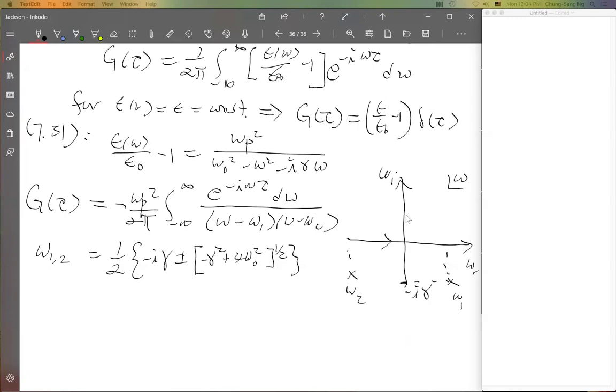When you close it, it depends on the sign of tau. If tau is negative, then negative times this minus sign becomes positive.